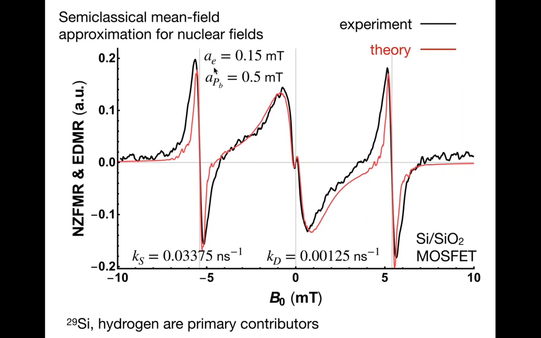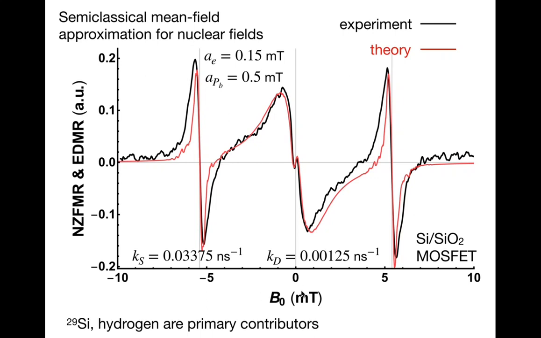We find it for the Pb defect of 0.5 millitesla, and for what we call just E, for electron, would be 0.15 millitesla. So it makes sense that this would be a larger one. This is the localized state, where this is a more delocalized state, so we expect a smaller hyperfine interaction. We get values for the Ks and Kd parameters.